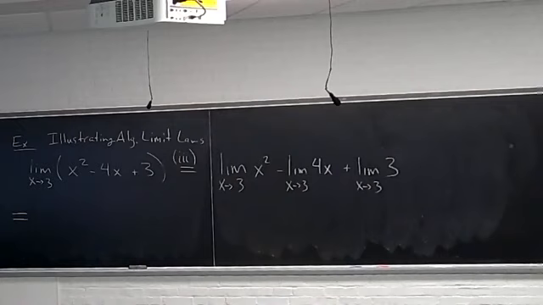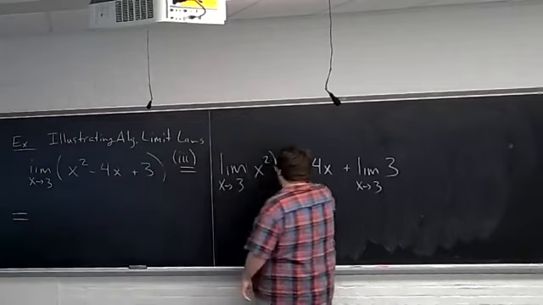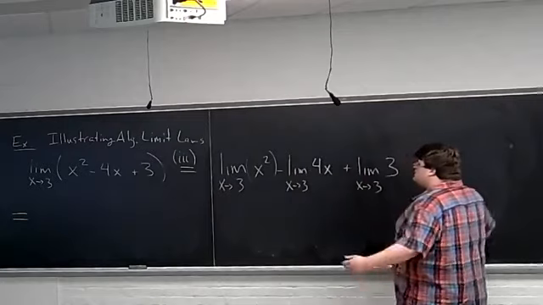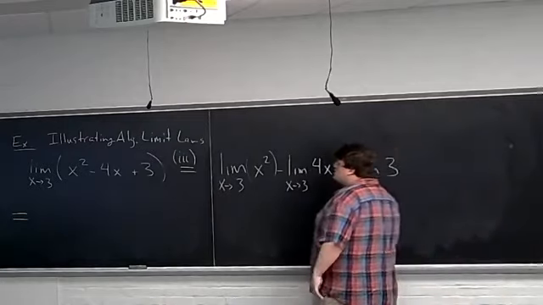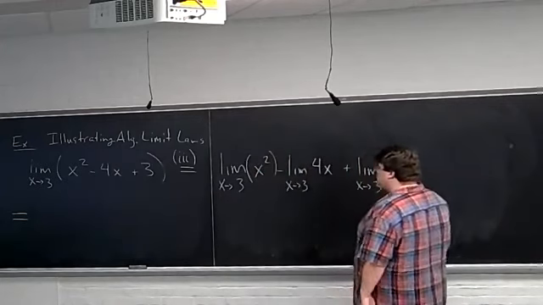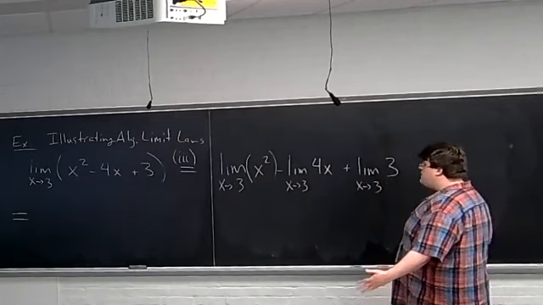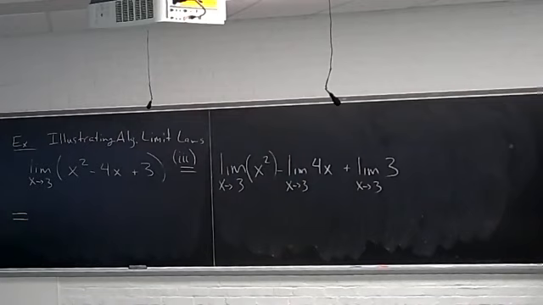Okay, so what can we do next? Well, we have 3 limits to consider. Let's look at them one piece at a time. Let's start with the first one. Limit as x approaches 3 of x squared. We have a function squared. Do we have any limit laws that tell us how to deal with a function squared? Well, rule 7 says the limit of a function squared is the limit of the function all squared.